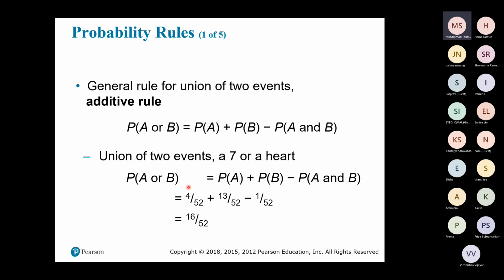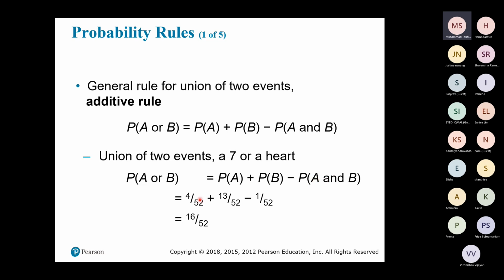You just have to add the probability of a 7 being pulled plus the probability of a heart being pulled, minus the probability you will pull the 7 of hearts.